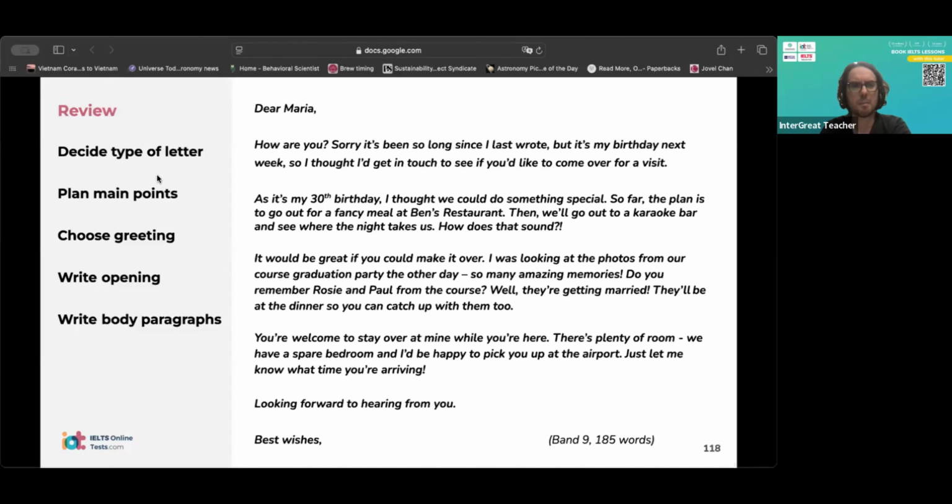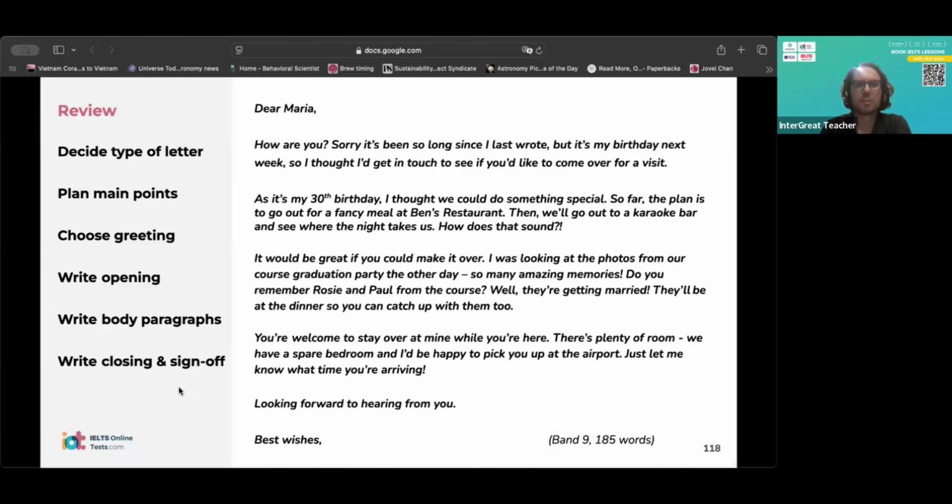Obviously, again, we have the main points that we're going to include, but now we're going to explain them in more detail by writing them out in full. And then, as we've just spoken about, we're going to write the closing and the sign off. So if you guys can tick off all of those boxes, that is what the examiner is going to be looking at when they look at task response or task achievement, actually.